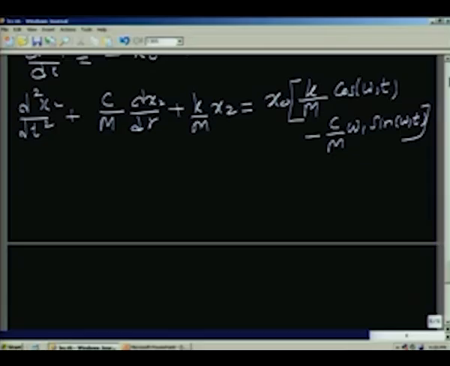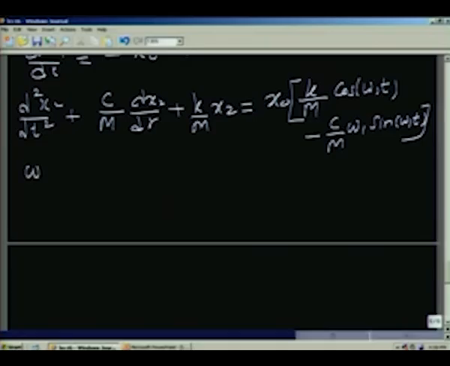The damping will reduce, the transient will go off after some time, and only the steady state part of the solution is important to us, because we want to look at the steady state response of the system. Before we do that, let us introduce some of the quantities which will be useful.